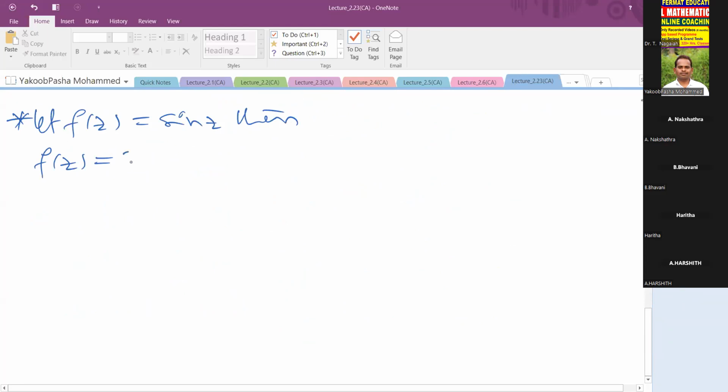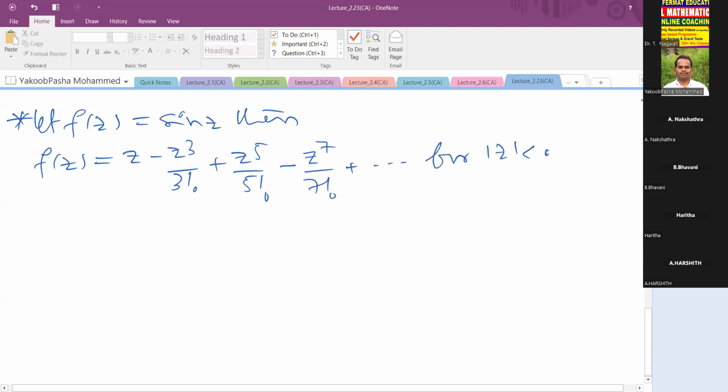You can write z minus z cube by 3 factorial plus z power 5 by 5 factorial minus z power 7 by 7 factorial plus and so on. This is also valid for modulus of z less than infinity.